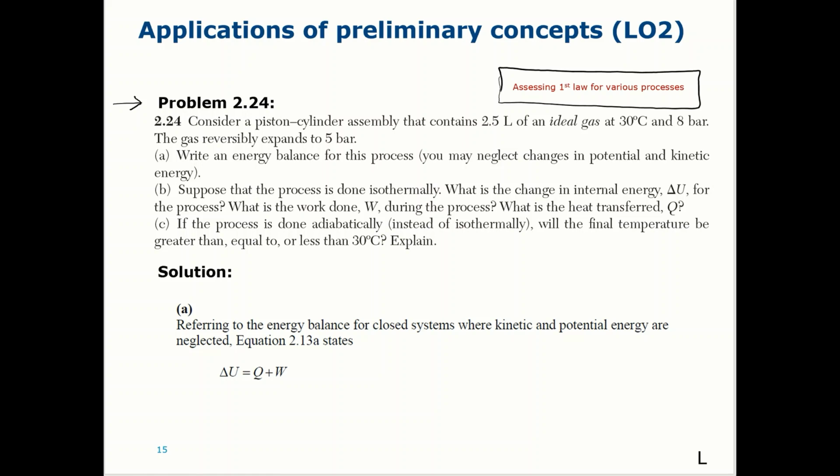All right. I hope you have gone through the problem statement. Let's read this together again. Now consider a piston cylinder assembly which contains 2.5 liter of an ideal gas.